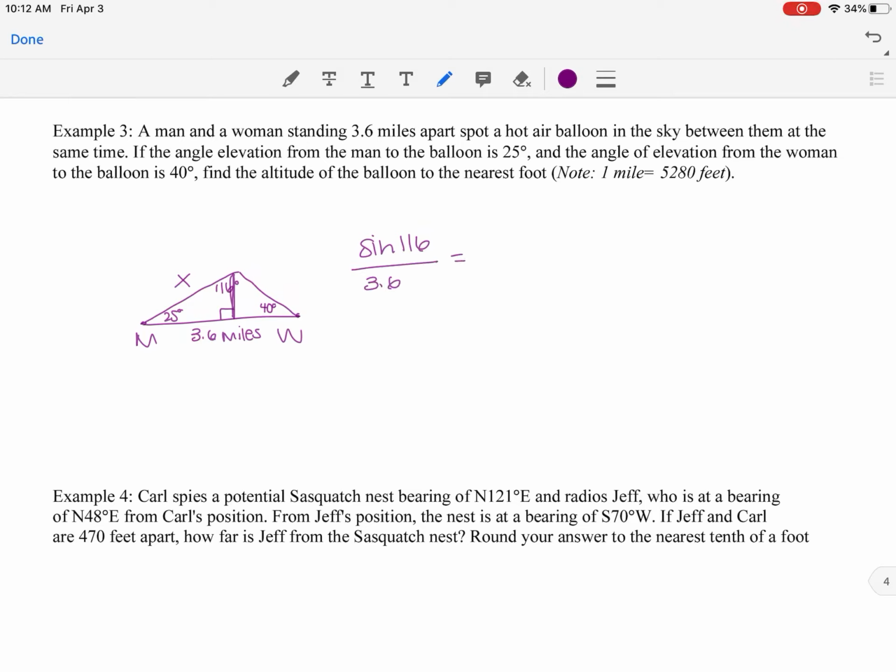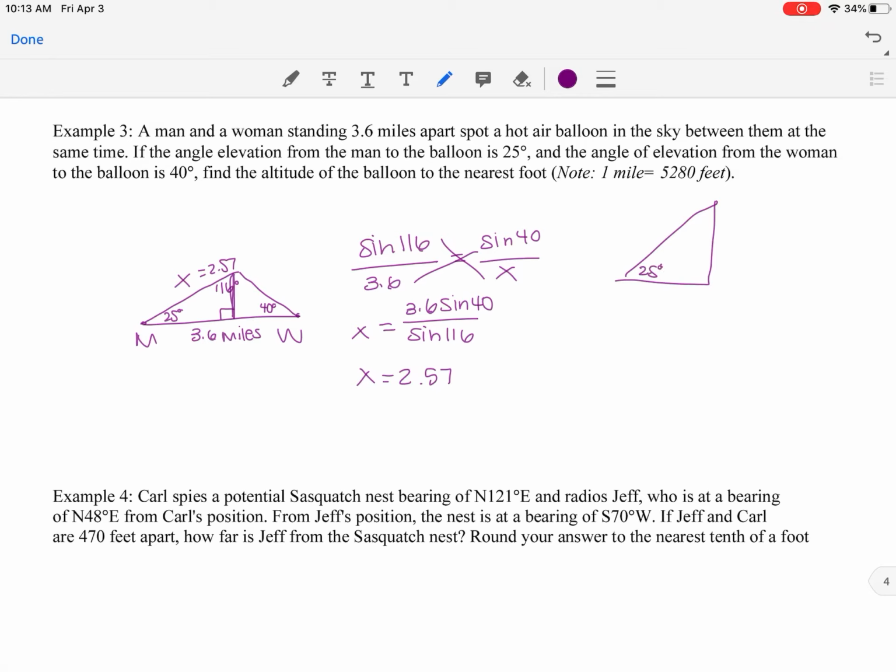So we're going to have sine of 116 degrees all over 3.6 equals sine of 40 all over x. Do your cross multiplying, you get x equals 3.6 sine of 40 over sine of 116. When you type that in on your calculator, we end up with x is equal to 2.57.